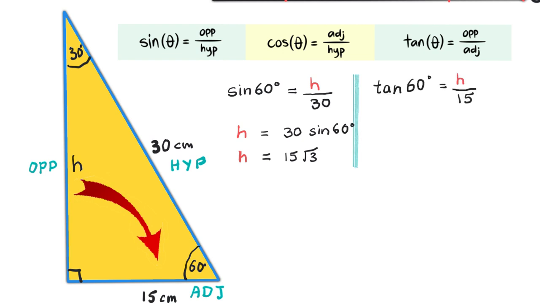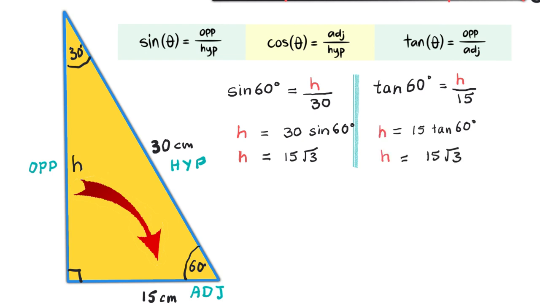This will be tan 60, which is h over 15. So we can find out what h is. And h will be 15 times tan 60. Again, try the calculator in degrees, which you find is also equal to 15 root 3, exact.